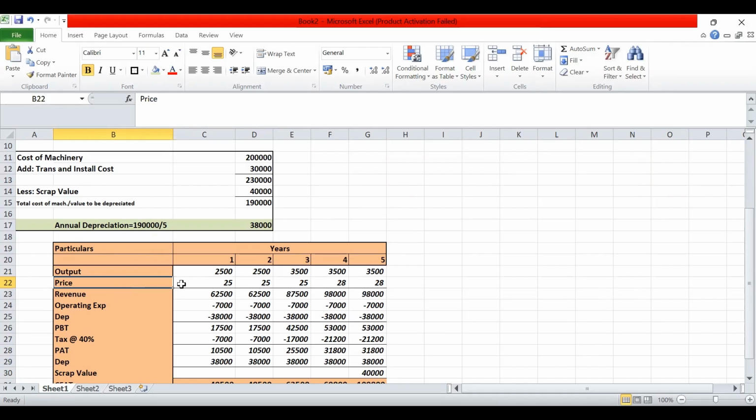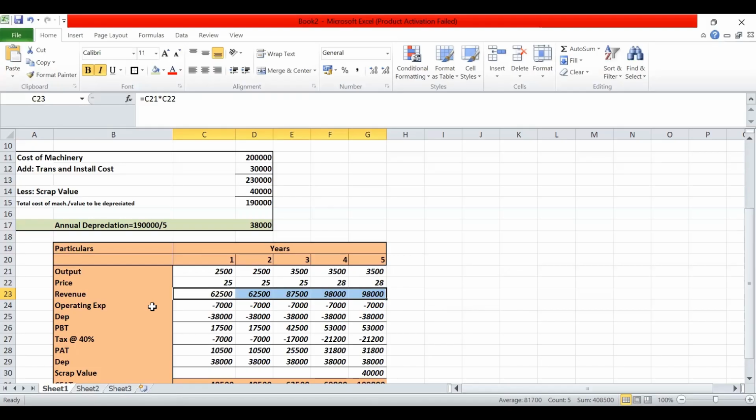Therefore, by this we get the revenue, output into price, that is 62,500. You can use the formula by using the cell referencing. So I have multiplied the contents in C21 with the number in C22, and we get this as the answer. If you just calculate one, you just need to drag and you will get the other values.